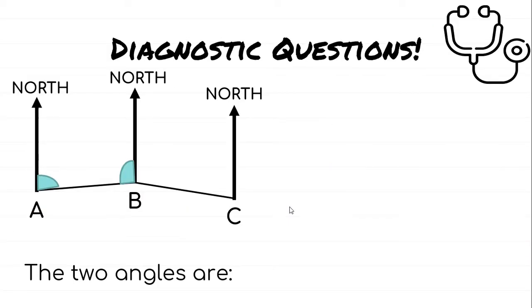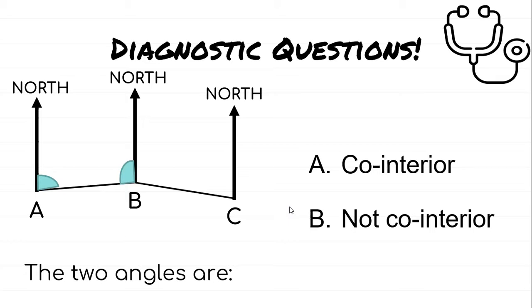So quick diagnostic question, just check that we've got that. The two angles that are marked there, are they co-interior or are they not co-interior? Okay, I'm hoping that you're shouting at me that they are co-interior. They're on the inside of A and B, and they are both together there on the inside.